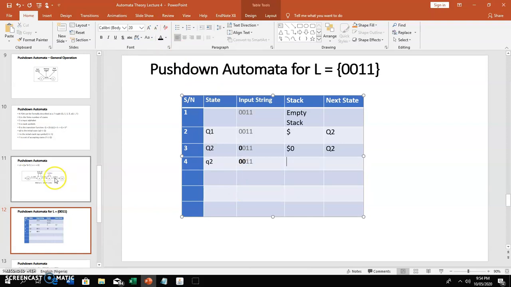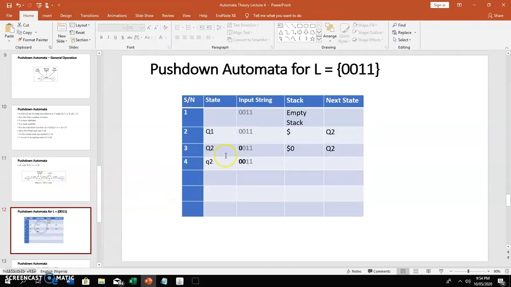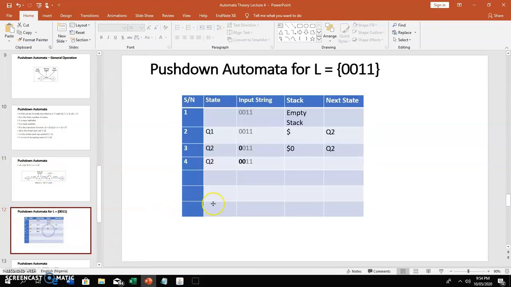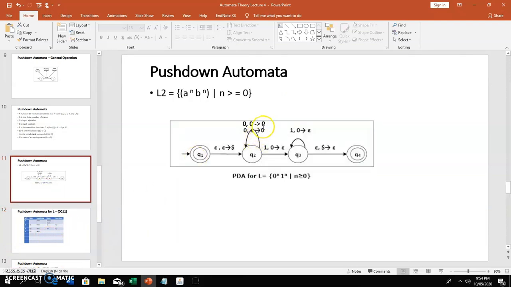So from the diagram, we're on state Q2. If you're on state Q2 and you want to read in 0, what is the top of the stack? The top of our stack here is 0. We already have a 0 on top here. So if the top of the stack is 0, now what are we supposed to do? We're supposed to push in 0 again.